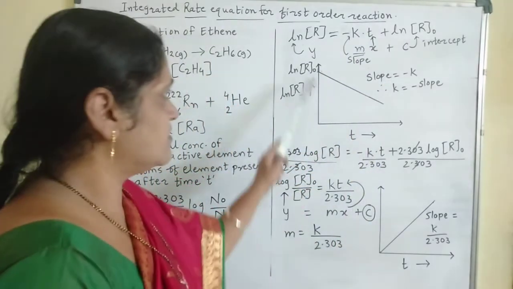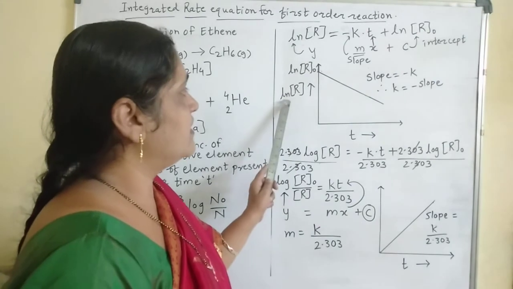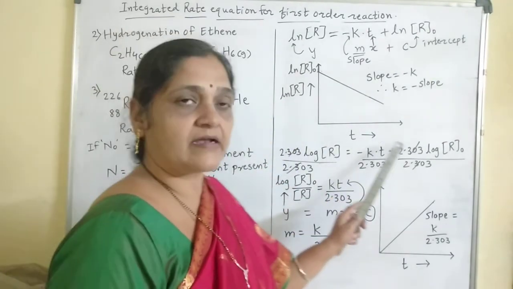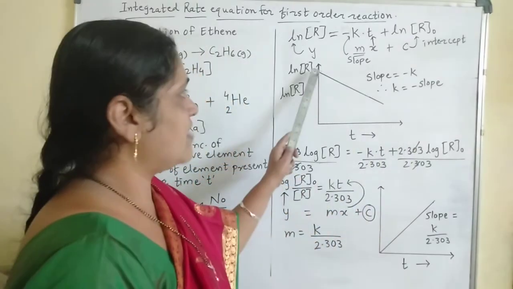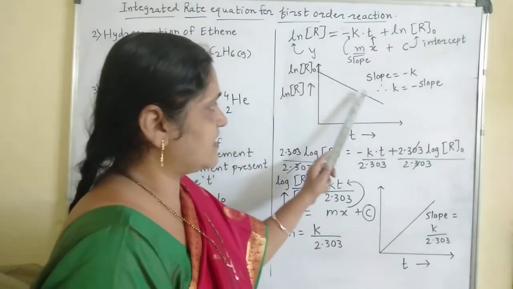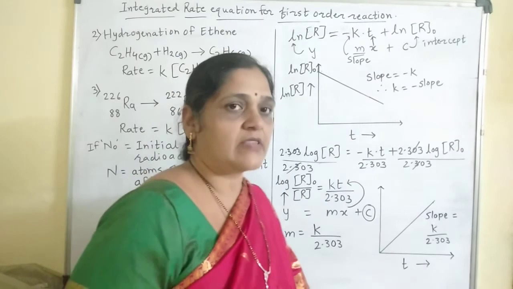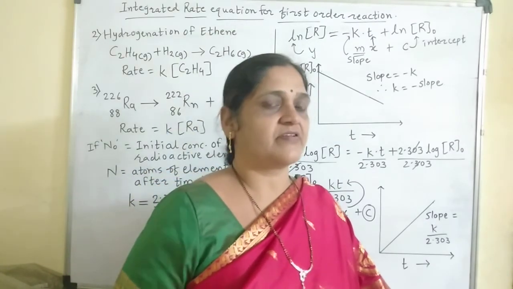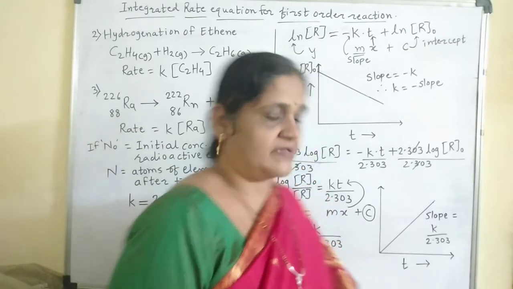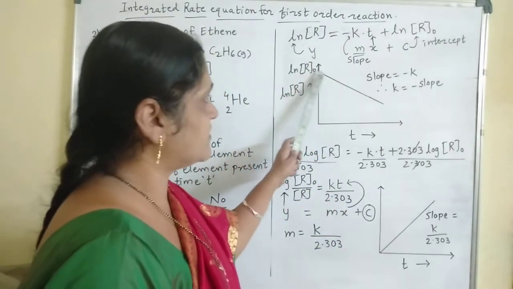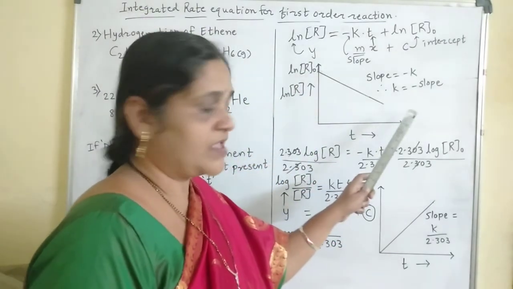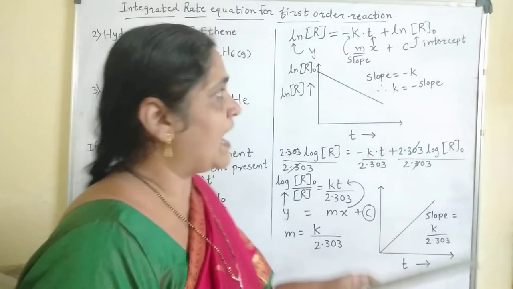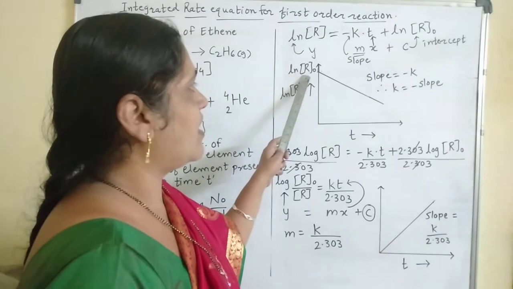Now here the graph is drawn: ln of concentration of R on the y-axis versus time on the x-axis. The graph is a straight line coming down. You all know that when a reaction takes place, reactant concentration goes on decreasing. So this is a straight line graph with a negative slope, that is, slope is equal to minus k, and the intercept is ln of R0.